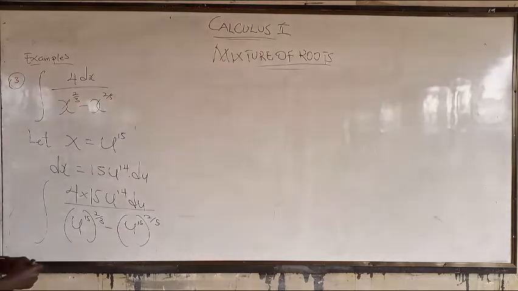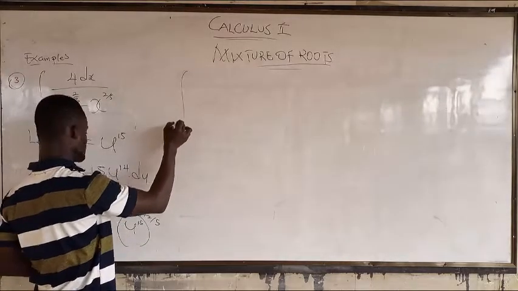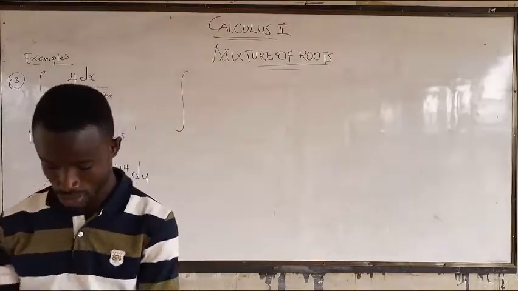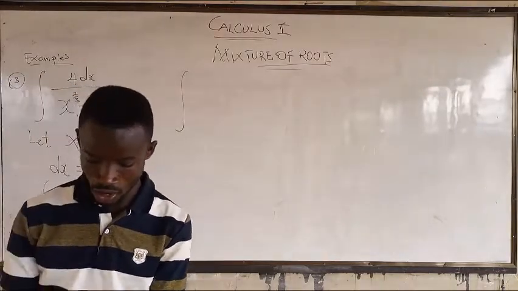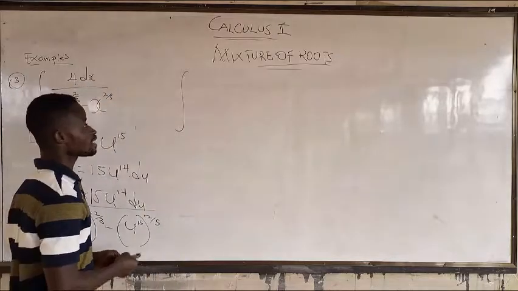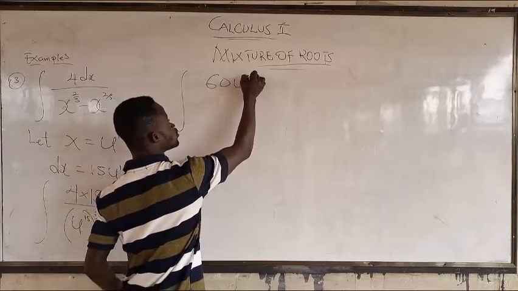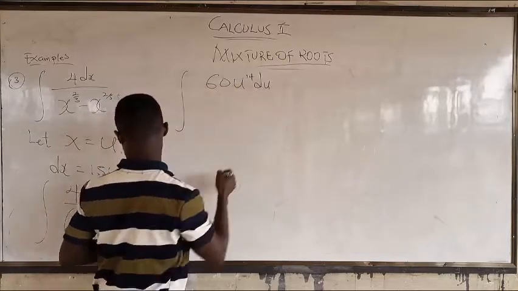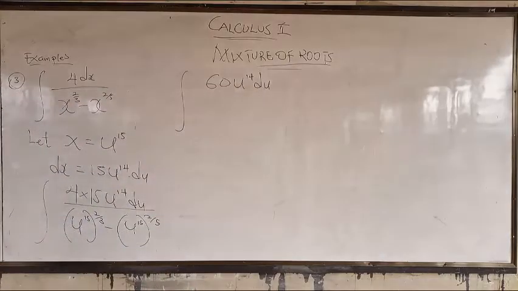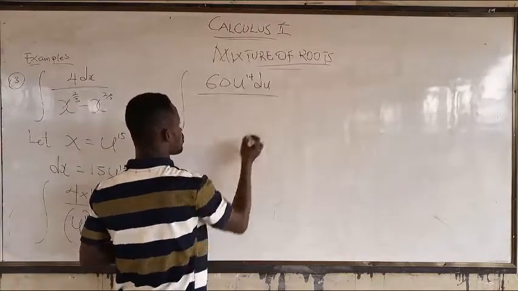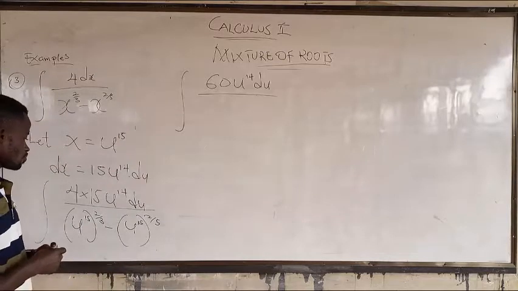Hope you can see that. Very good. So we get the integral of, now here you multiply the 4 by the 15, and that's going to give you 60 u raised to the power 4 du. The whole of this over.